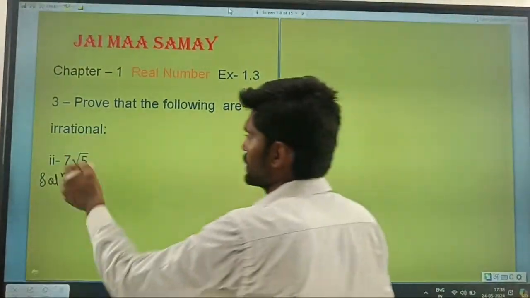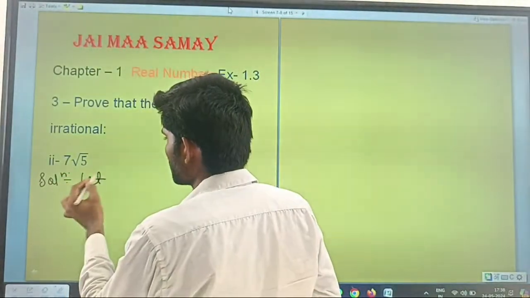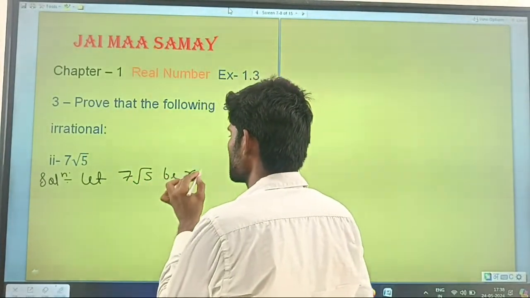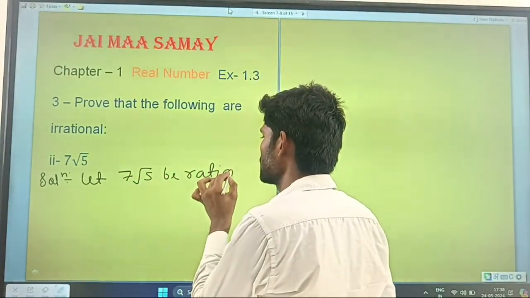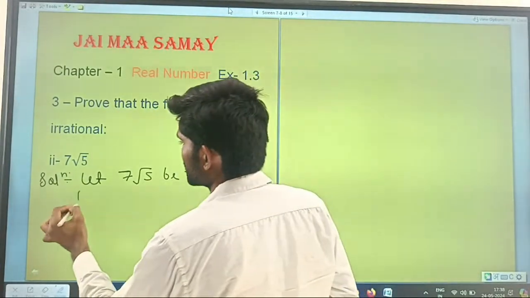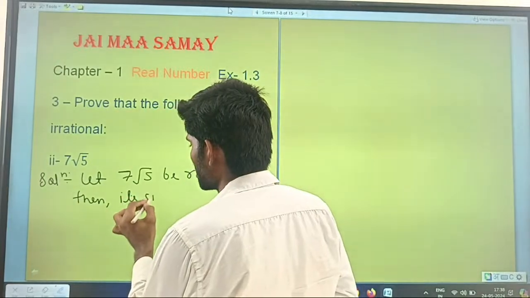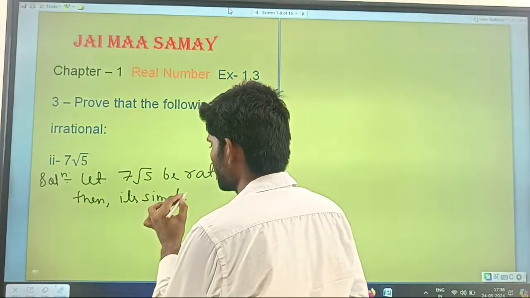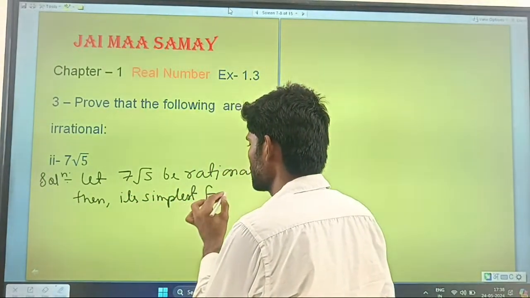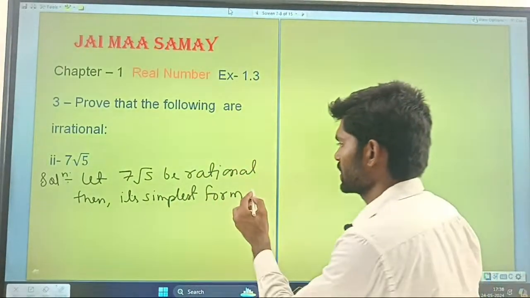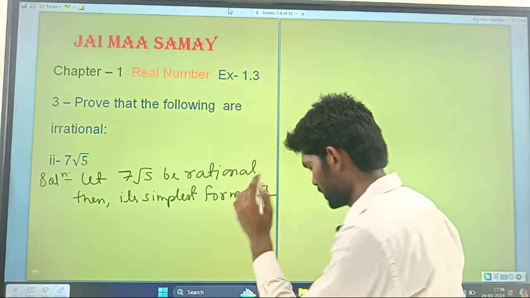Let 7 under root 5 be rational. Clear dear? Then what? Then its simplest form, rational number, simplest form A upon B. Okay?